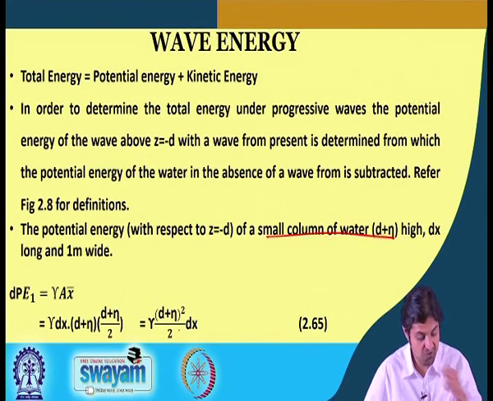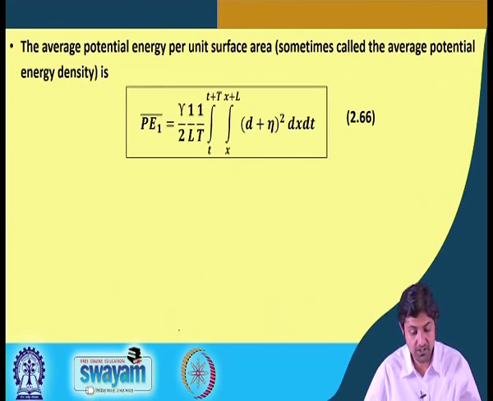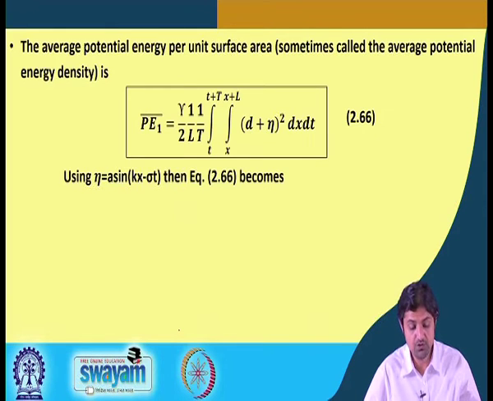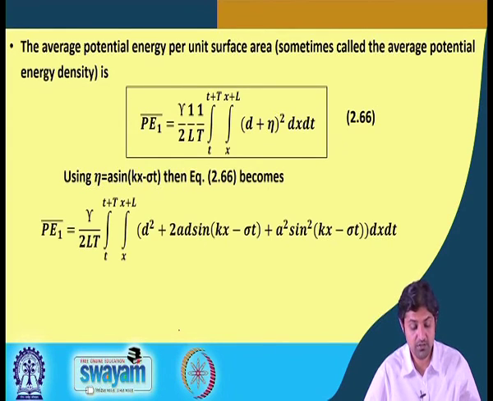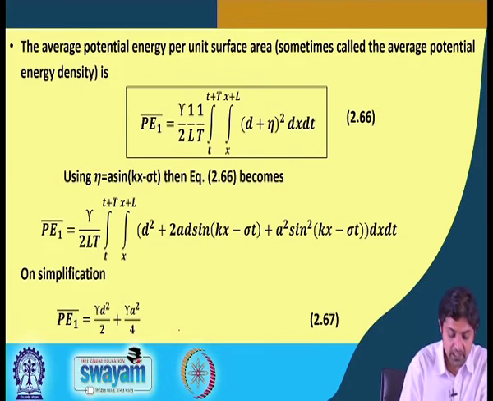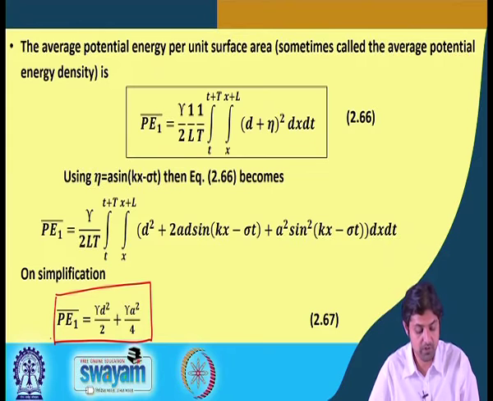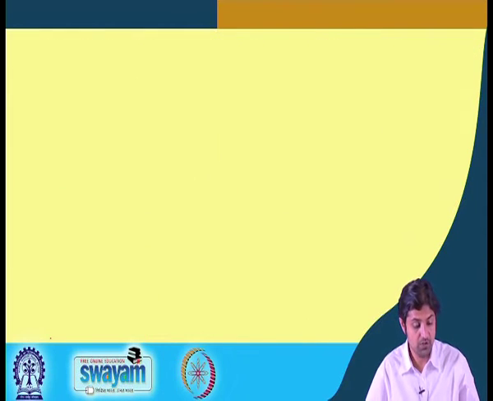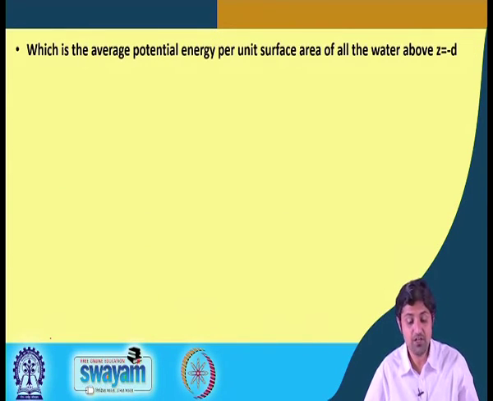If we use eta is equal to a sin(kx minus sigma t), and then integrate and simplify, we will get the total potential energy as gamma d square by 2 plus gamma a square by 4. All right. However, this is the average potential energy per unit surface area of all the water above z equal to minus d.